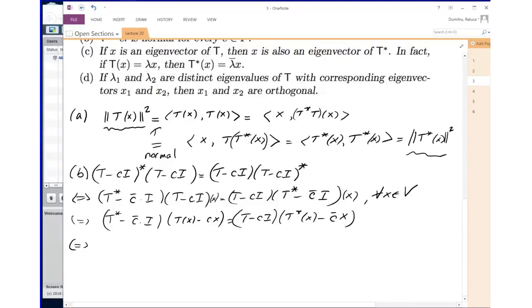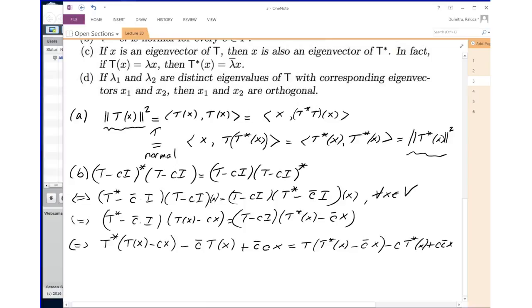And then you apply T star to that. And then minus C bar applied to that. So C bar T of x plus C bar C x. T of T star of x minus C bar x minus C T star plus C C bar x.